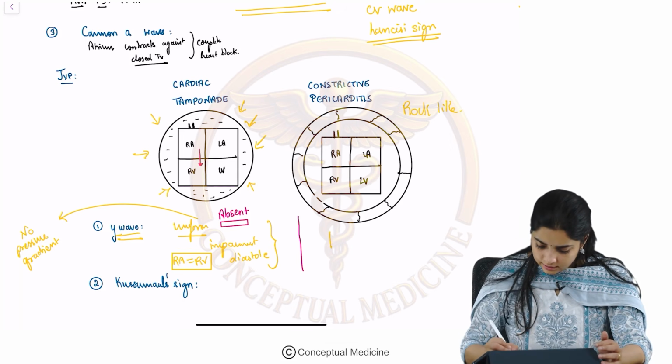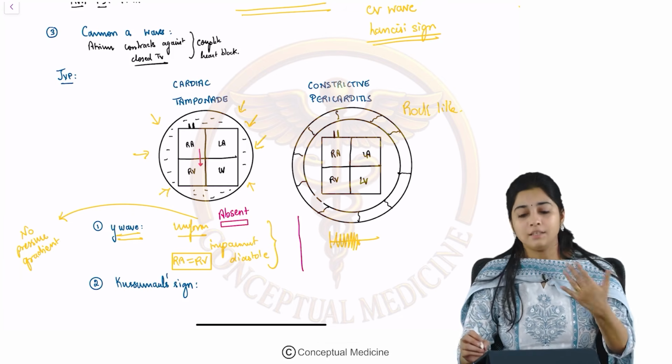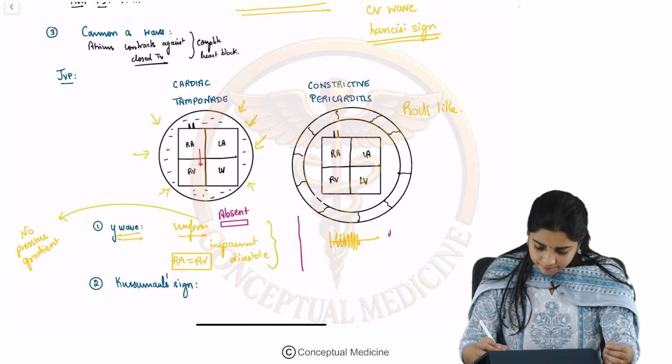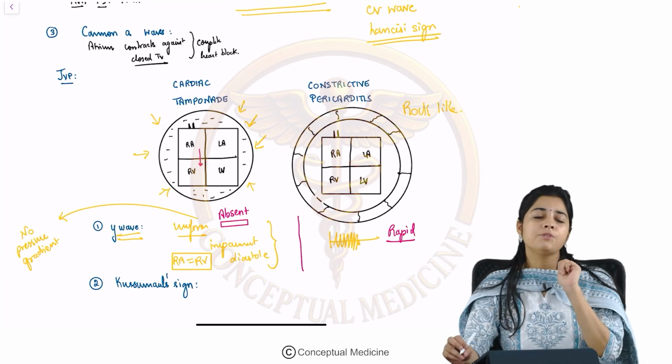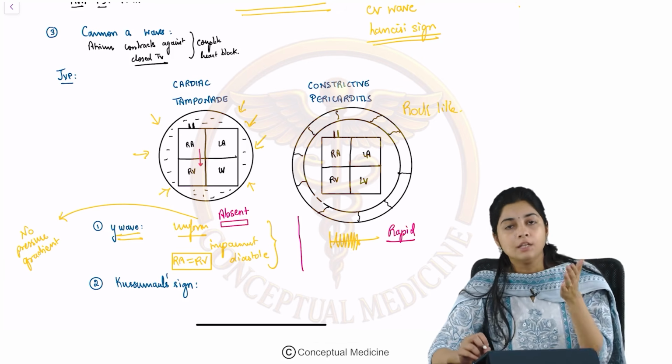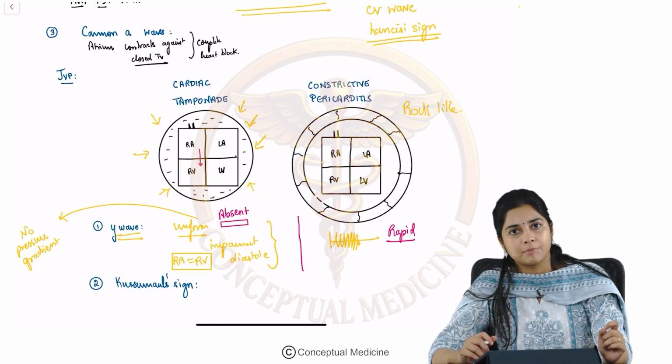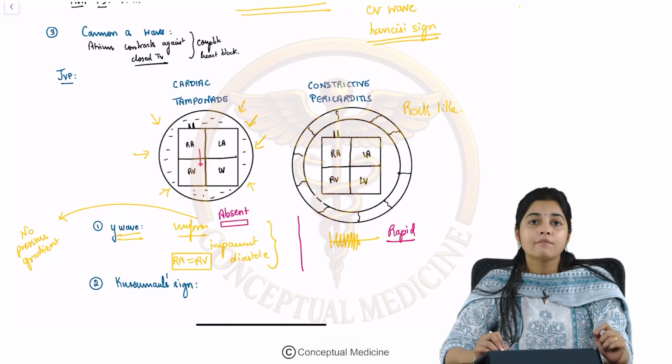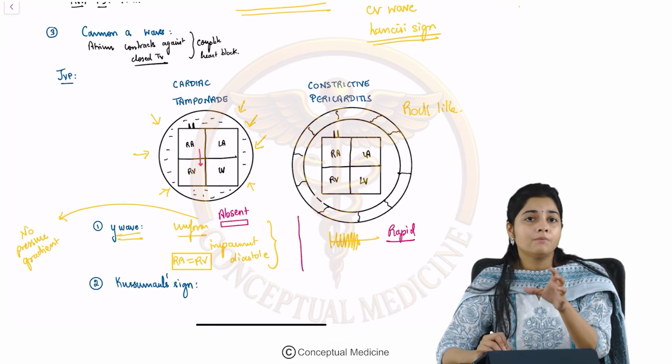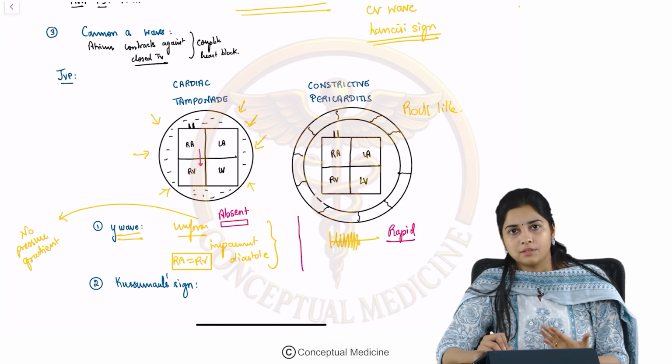That means that the initial portion of the filling during diastole is increased and there is a rapid Y descent. Okay, that is a very crucial difference that you have to know between cardiac tamponade and constrictive pericarditis, right? So there is a rapid Y descent. So this uniform impediment to filling is not there.